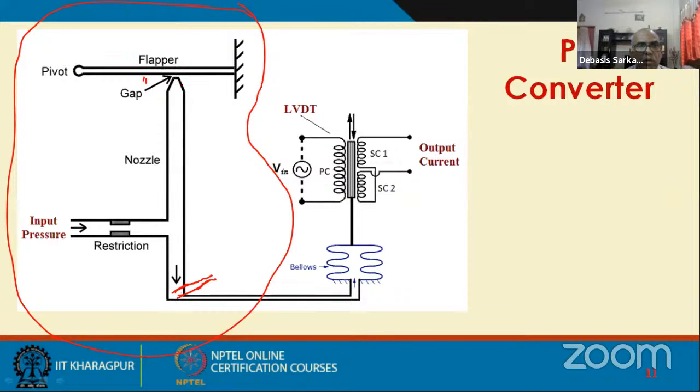Depending on the gap between flapper and nozzle, you obtain a back pressure. We have seen in the previous slides that the relationship between the gap and this output pressure is linear in the range of 3 to 15 psi.